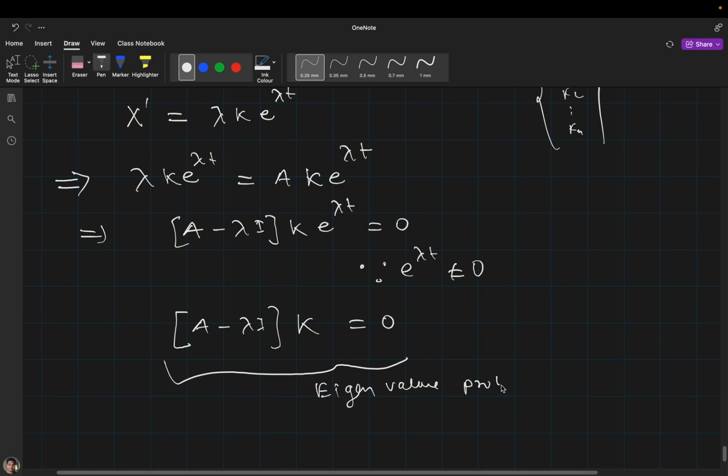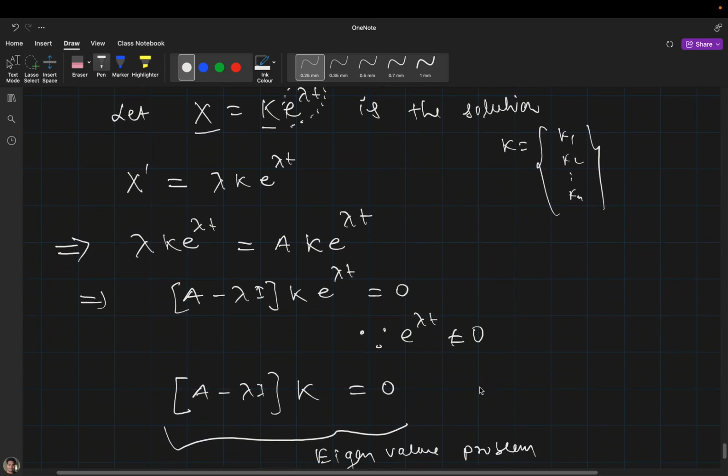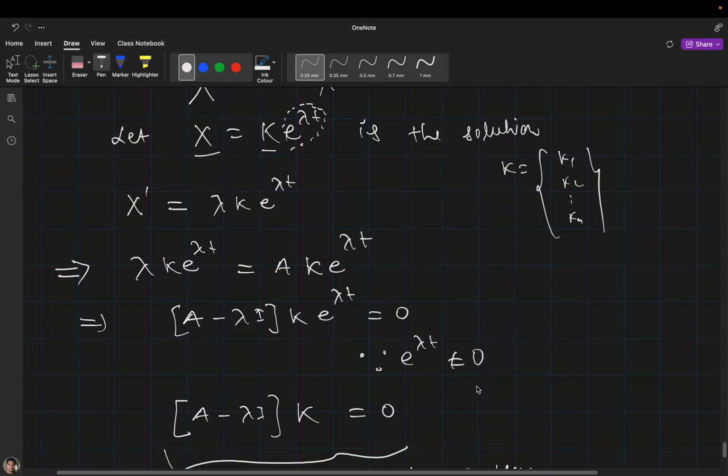Eigenvalue problem. The thing is, we don't want a trivial solution.